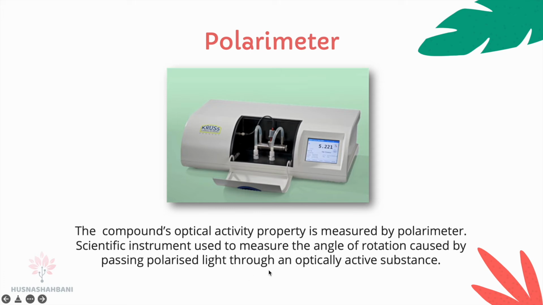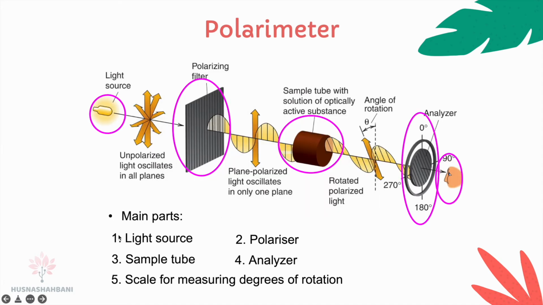You put in the compound that has a chiral carbon, and this instrument will be able to show rotation if it consists of a compound with a chiral carbon. The main parts are the light source, polarizer, sample tube, analyzer, and a scale for measuring degrees of rotation. So this is a light.